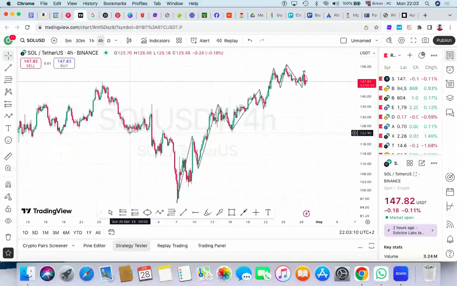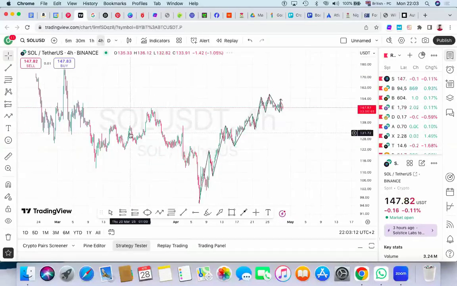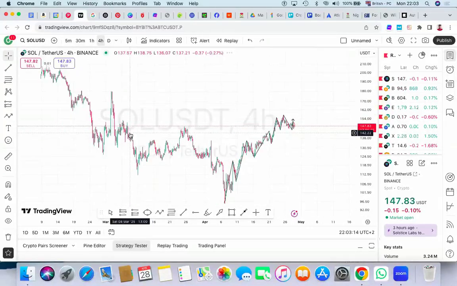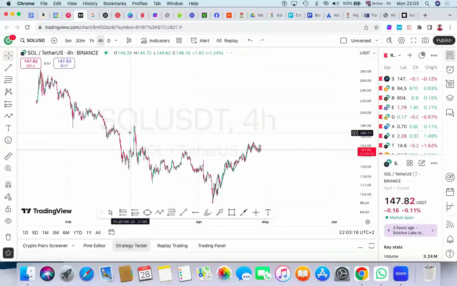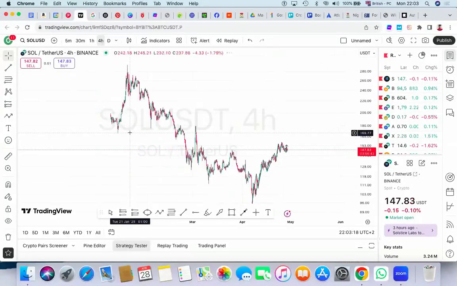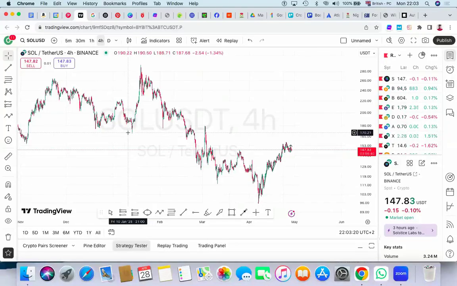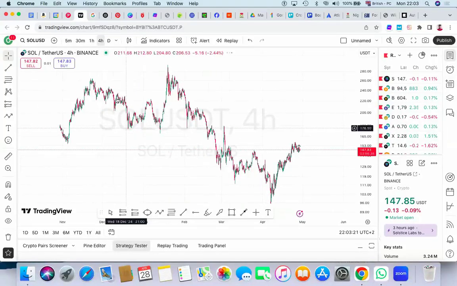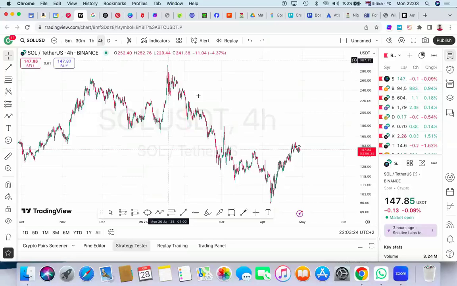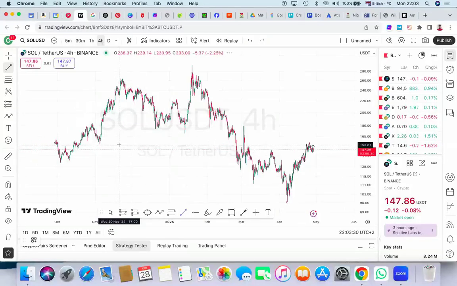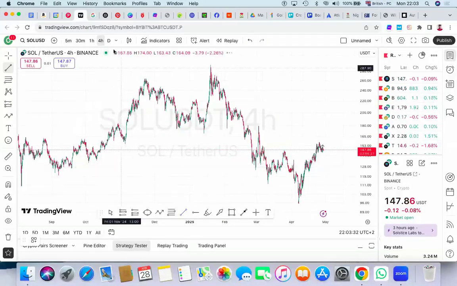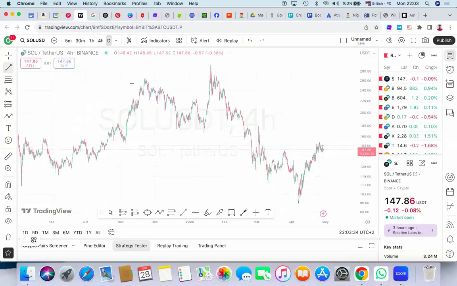For you to start, just zoom out on your charts. When you zoom out, you'll be able to see the overall chart. If you look at it from this perspective, you see the market actually did a downtrend before, right? From this area, you will say it's a downtrend, even if you are looking from a daily time frame.